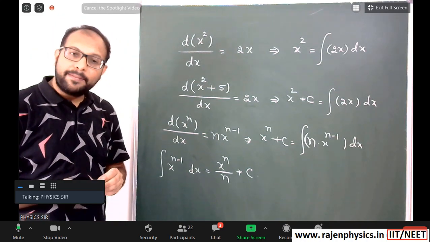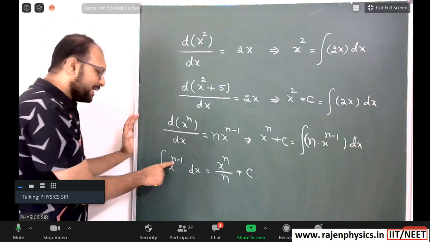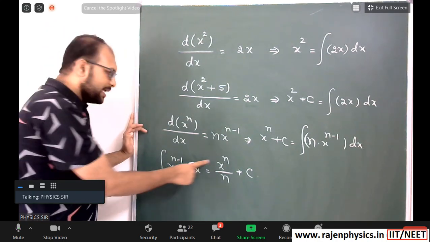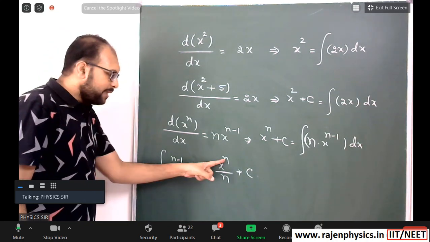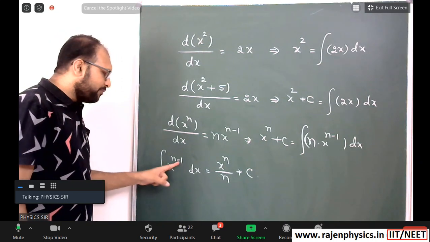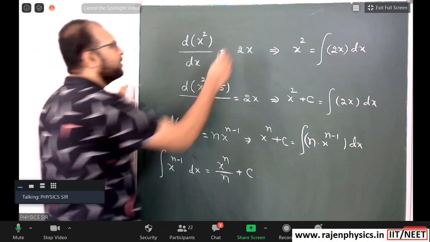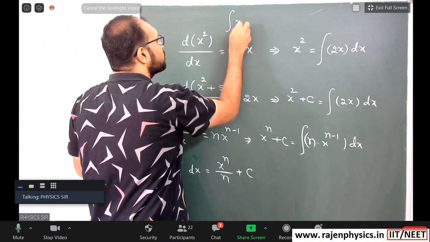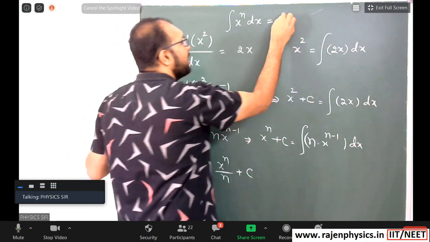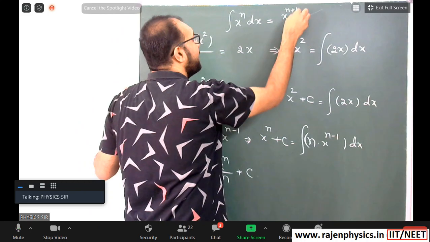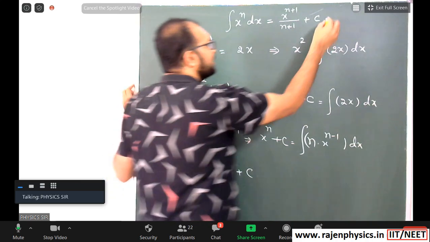Now you need to remember one small formula in integration. Here n minus 1 is there, here n by n is there. This means the power is just increased by 1. Therefore, integral x to the power of n dx equal to x to the power of n plus 1 divided by n plus 1 plus some constant.